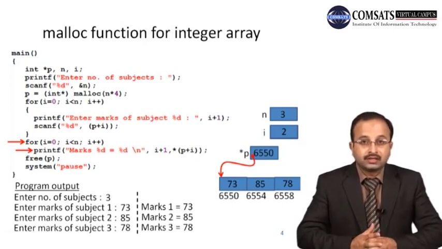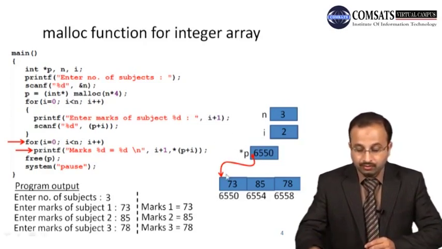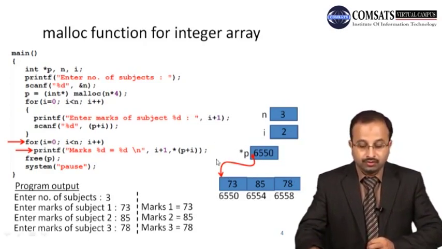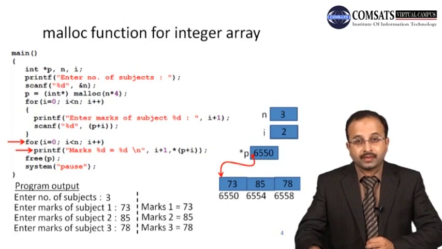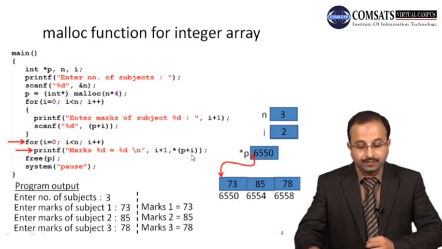Why? Because it is the next to next value. The value that p is pointing to, the second value after it will be p plus 2, right? So 6550 plus 2 is 6558.